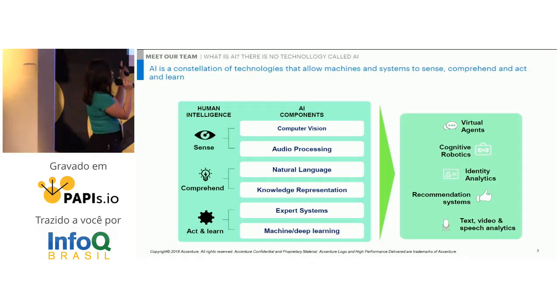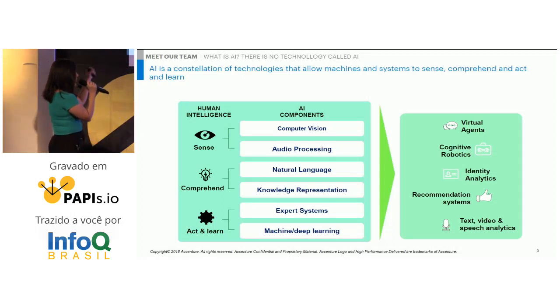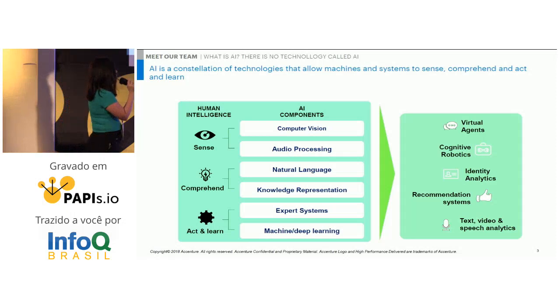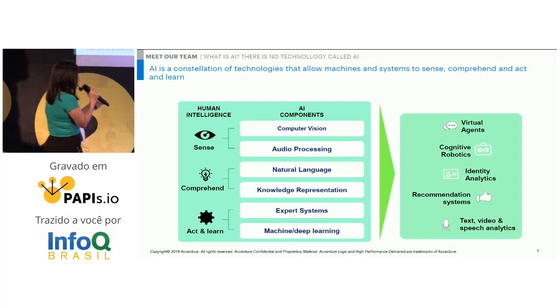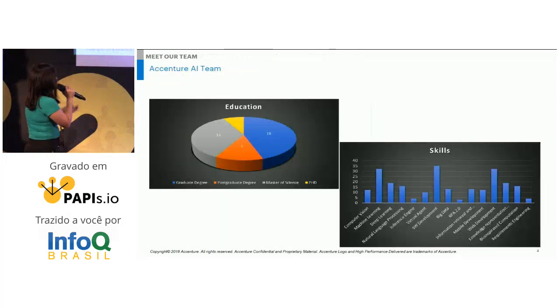And we have AI components like computer vision, audio processing, natural language, knowledge representation, expert systems, machine and deep learning. As a result, we have virtual agents, cognitive robotics, identity analytics, and so on.